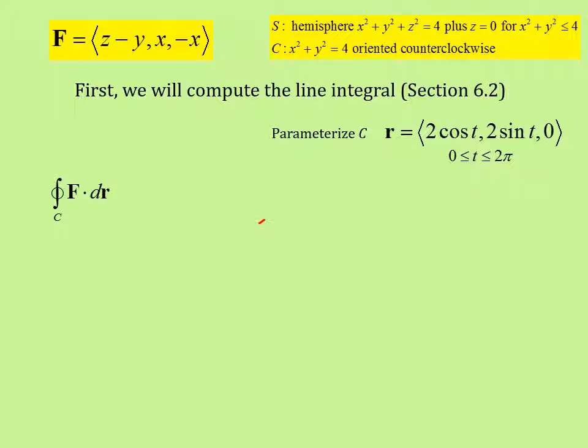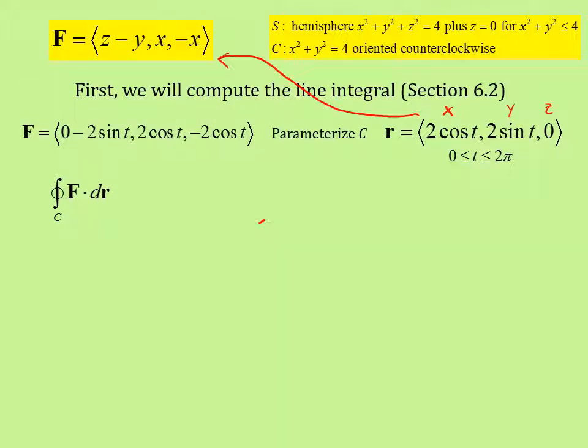Now, we want to take the 2 cosine t, which is x, 2 sine t, which is y, and 0, which is z, plug all of those into our vector field and get F in terms of t's.